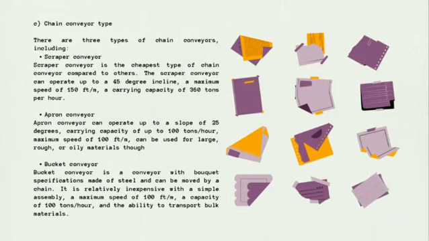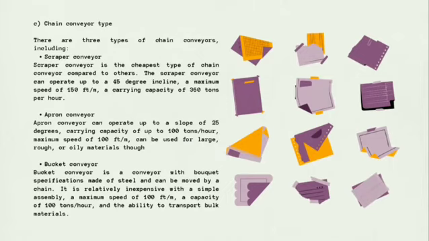Apron conveyor can operate up to a slope of 25 degrees, with a carrying capacity of 100 tons per hour and maximum speed, and can be used for light rock or oily metal too.